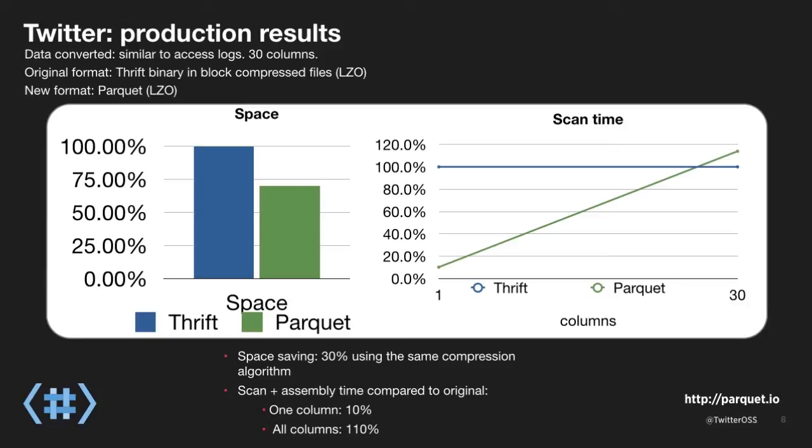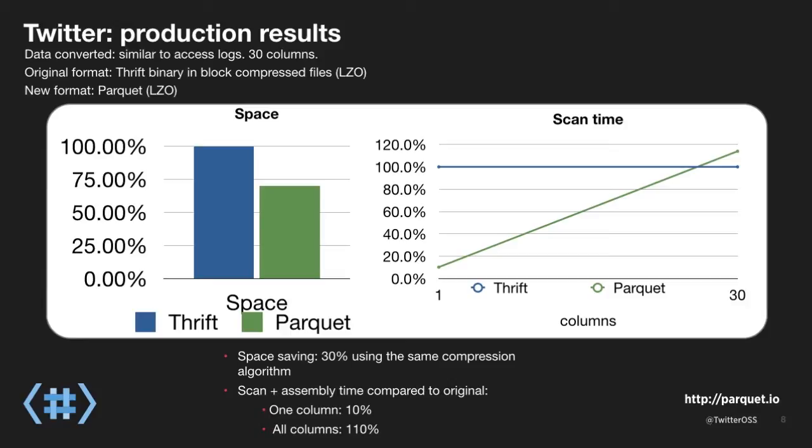Originally, it was Thrift binary format in block compressed files. We use LZO for compression because algorithms like LZO or Snappy are much more CPU efficient. So they're good trade-offs. They compress a little less than gzip, but they're much more CPU efficient. So you don't trade off that much CPU for the space and the I/O you gain.